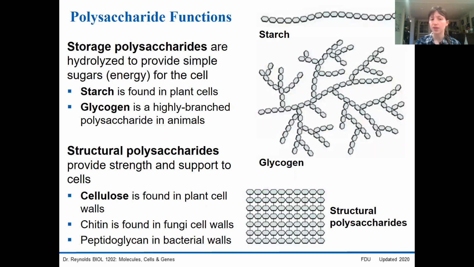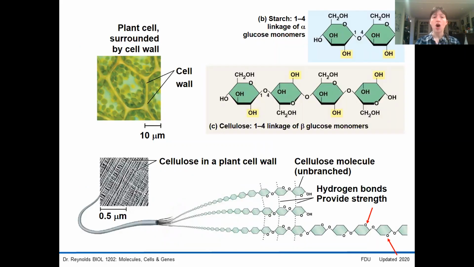Chitin is an example of a polysaccharide that forms the fungal cell wall. And then peptidoglycan is another example that forms the cell wall in bacterial cells. All of these are chains of sugars held together by hydrogen bonding, but it's the incredible number of hydrogen bonds that provide the strength in these structures.